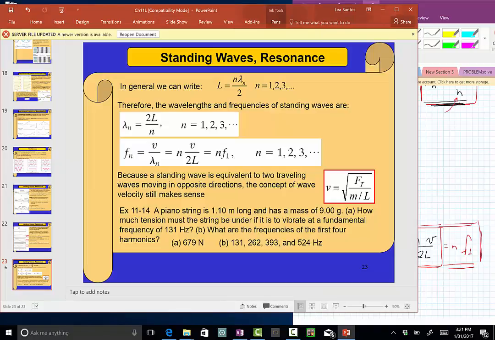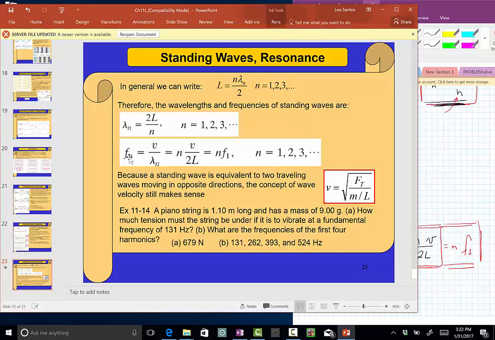Okay, so all this is in this slide. Let me just summarize. By looking at each one of these standing waves, I was able to find an equation for the wavelength of each harmonic n. First is n1, second is n2, third is n3, and so on. And by knowing that the speed does not change because my rope is always the same, I was also able to find an equation for the frequency of each harmonic.